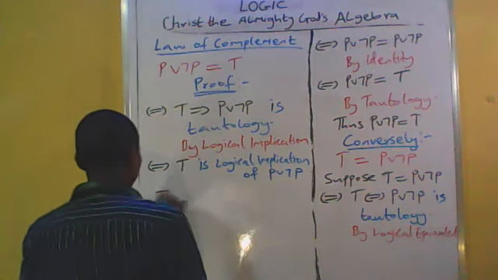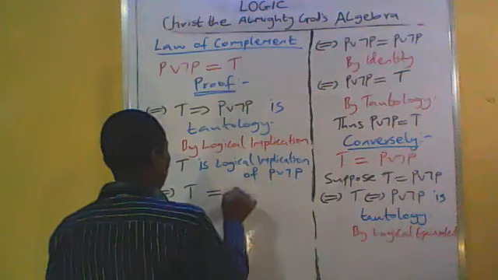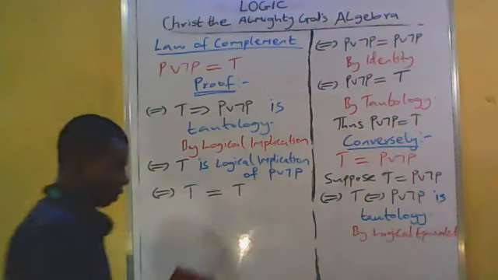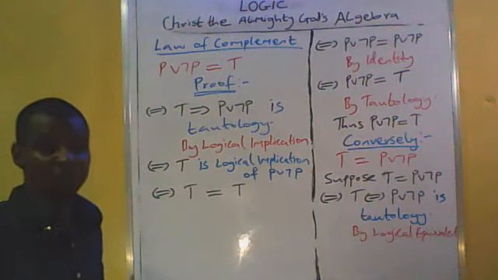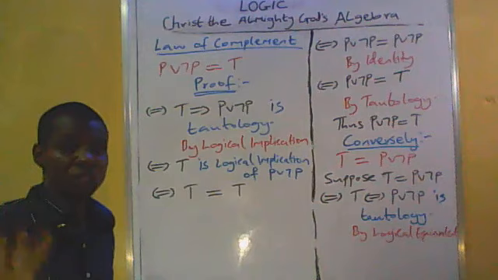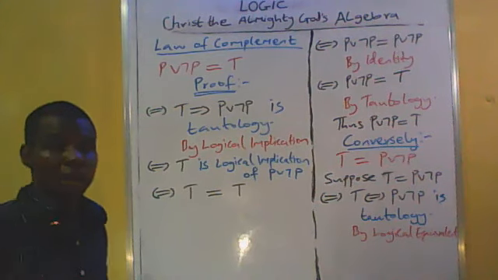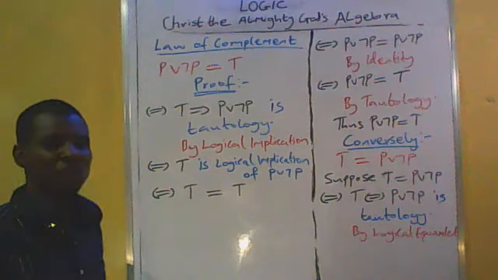So if and only if T is equal to T. That means T is equal to itself, which is logical equivalence. That is to say, whenever T is true, T is true.